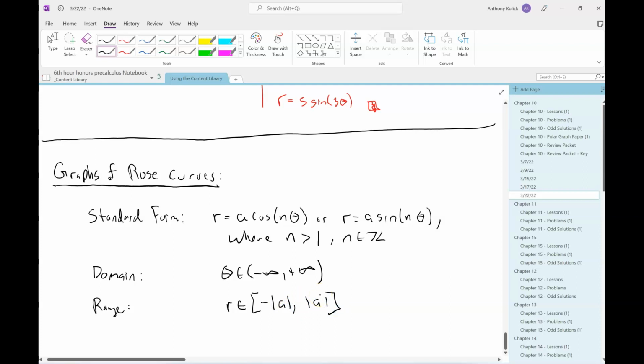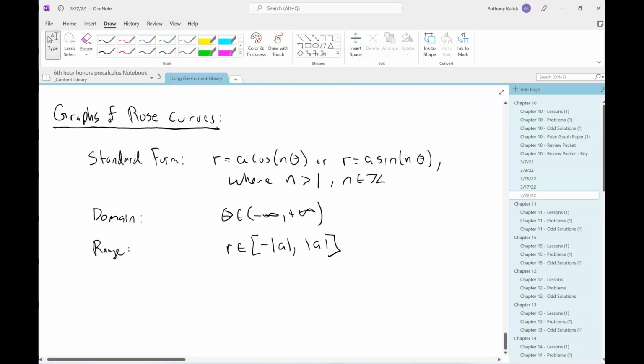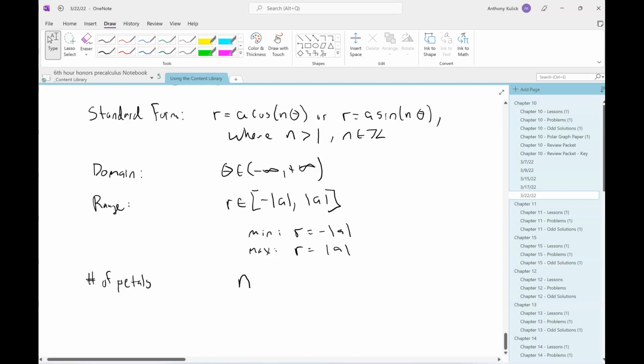Notice that I had to put the absolute values there because if a was a negative number, negative a would be positive and your interval would be going big to small, which is wrong. So then the minimum r value is negative absolute value a, and the maximum r value would just be positive absolute value a. The number of petals is always going to be n.